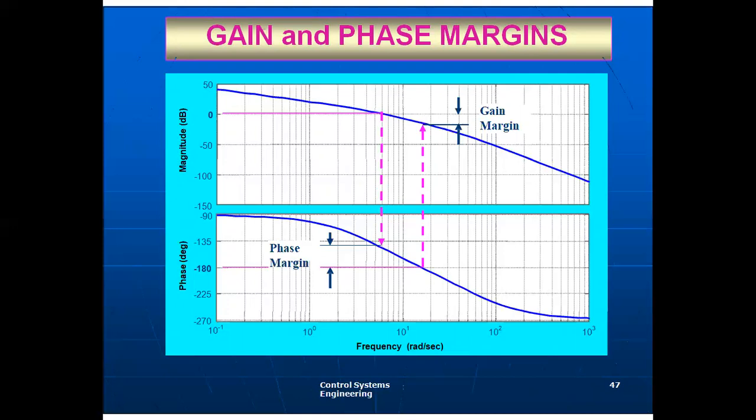The gain margin is 20 log of 1 by M, where M is the magnitude at the phase crossover frequency. So 20 log of 1 by M becomes minus 20 log of M. So if we get a negative value in the Bode plot, the actual gain margin will be positive. If we get a positive value in the plot, the actual gain margin will be negative. In this way, you can find the gain margin and phase margin from the Bode plot, and also state the stability of the system.